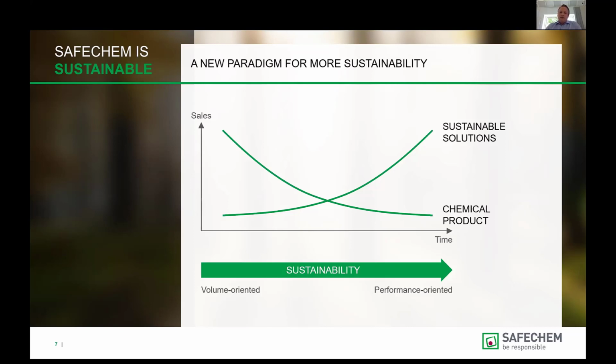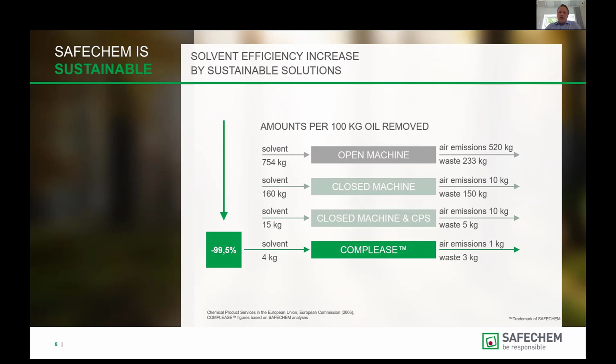To make that a little bit more tangible, I would like to take you to some figures here. This is taken from a study which was done by the European Commission in 2006 on chemical product services in the European Union. And what you can see here is where we come from. 30 years ago, open machines were state of the art in the market, and you needed more than 750 kilos of solvent to remove 100 kilos of oil. 100 kilos of oil is here always the reference.